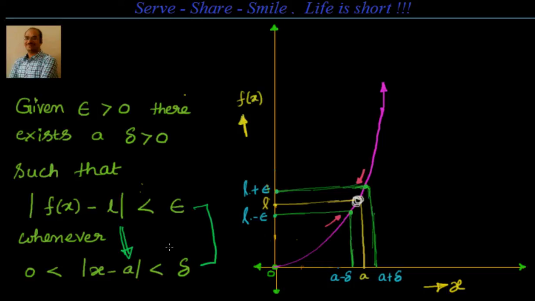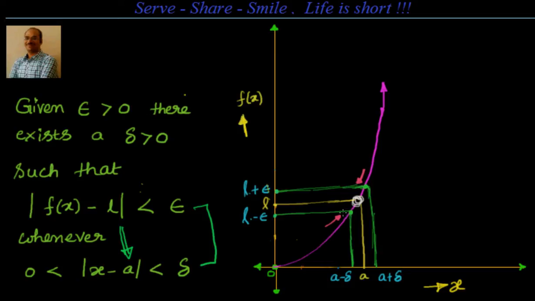We say let mod of x minus a be less than delta, then we prove that mod of f of x minus L is less than epsilon. So the formal definition is nothing but: as x is between a minus delta and a plus delta, f of x will be between L minus epsilon and L plus epsilon. If that is happening, then the function is said to have a limit as x tends towards a.